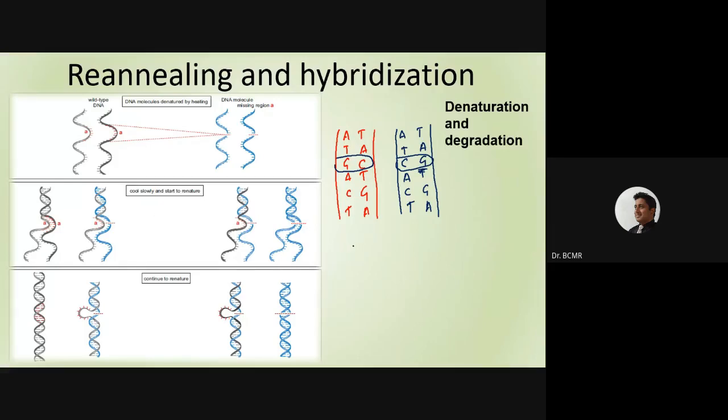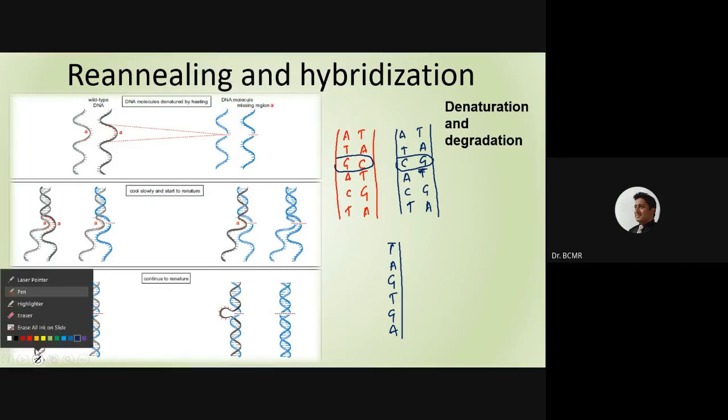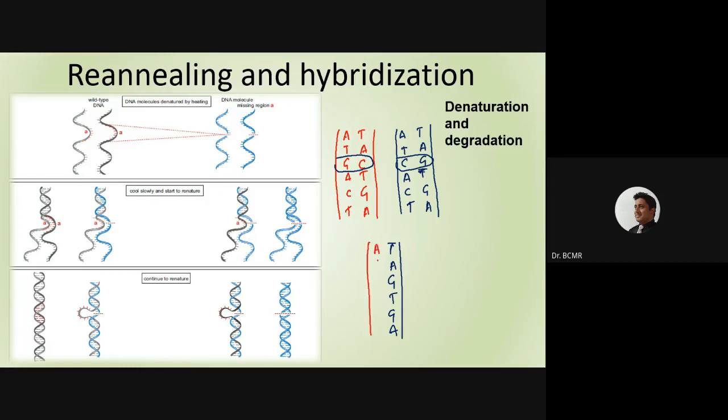If you have a situation wherein you have T A G T G A and another, and you have denatured it using temperature, these two would have separated.